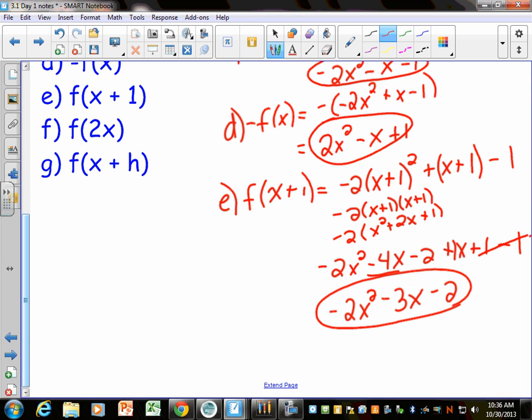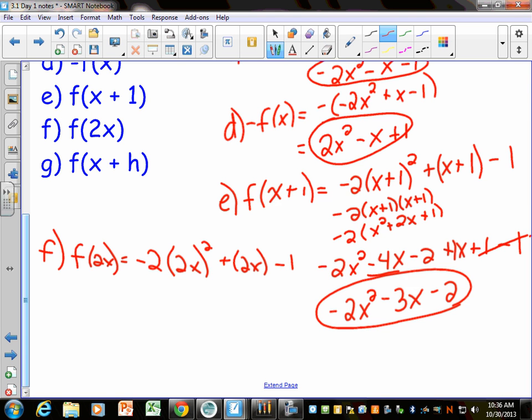And if you can do E, you can do F, because F is just plugging in 2x. And you don't even have to FOIL on that one, which makes me happier. So we would get negative 2 times 2x squared plus 2x minus 1. Sometimes I like to put parentheses around that.